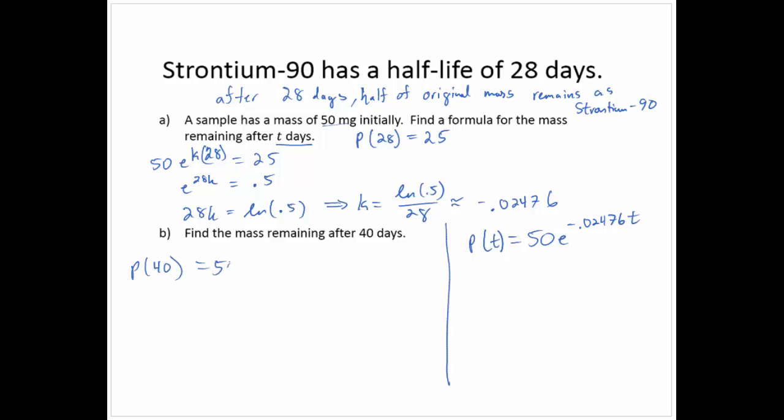P of 40 would be 50 e to the negative 0.02476 by 40, and use a calculator, and we get that approximately 18.6 grams remain after 40 days.